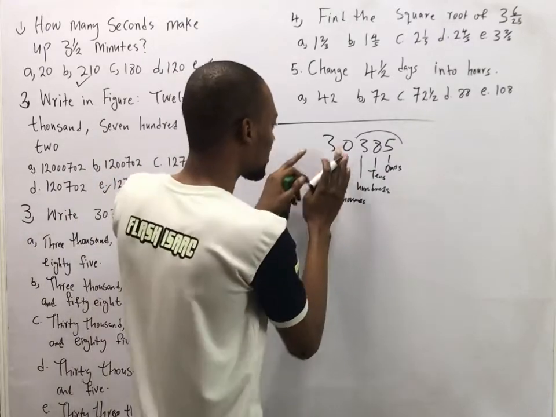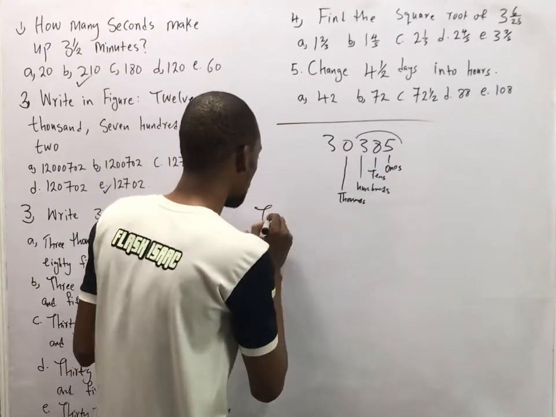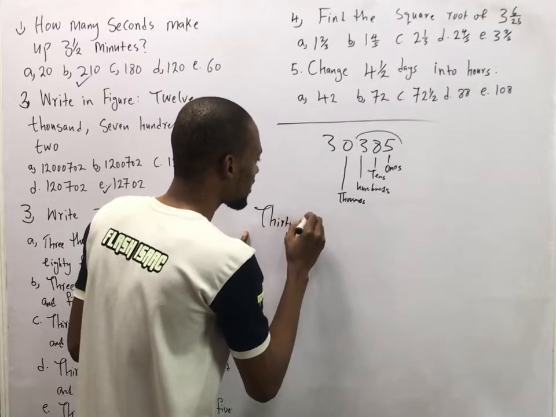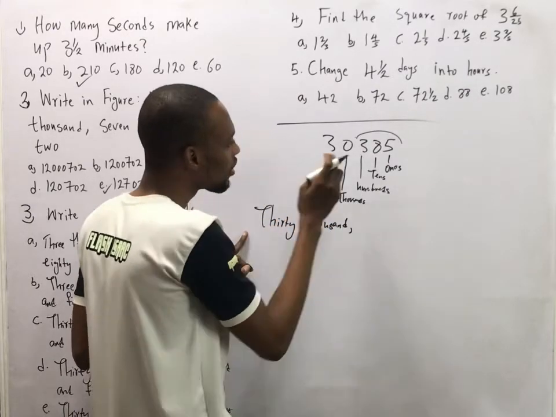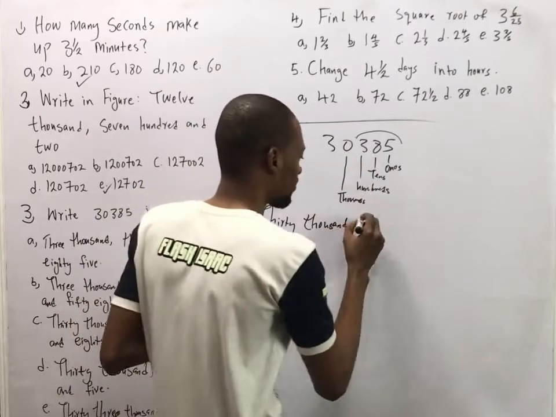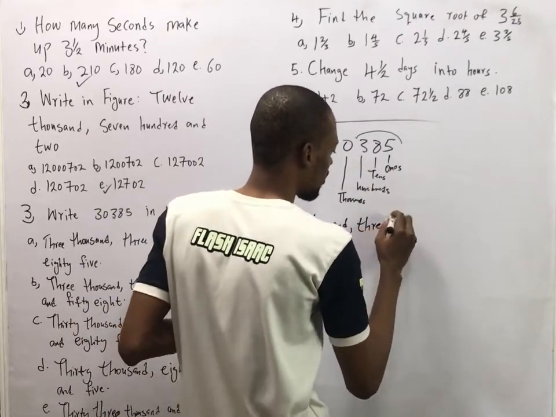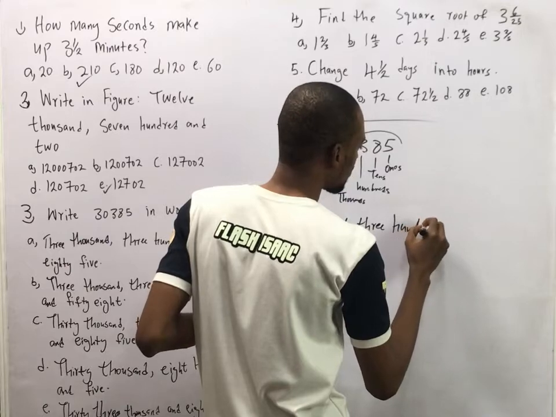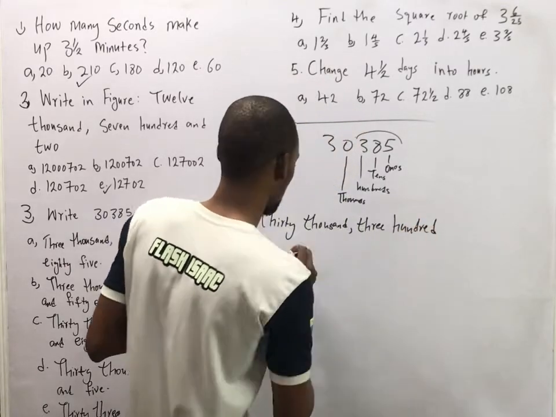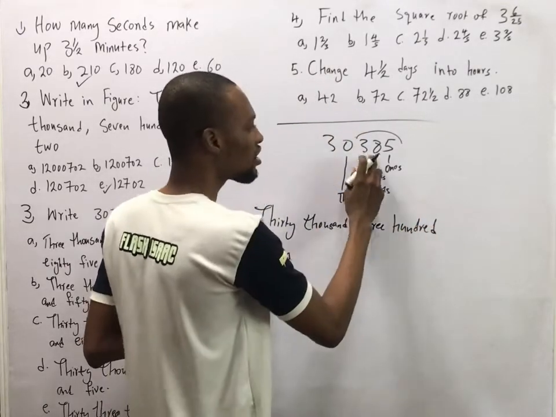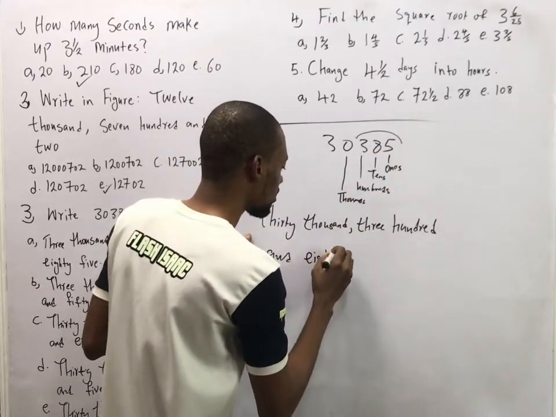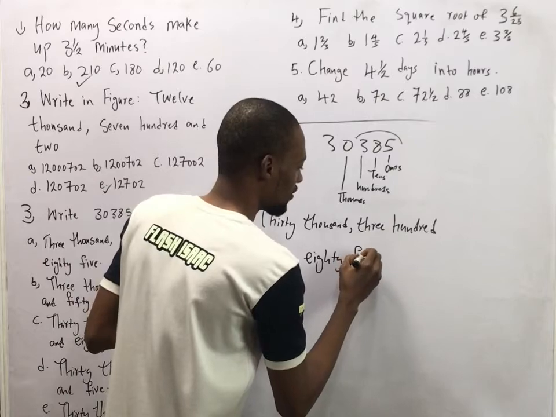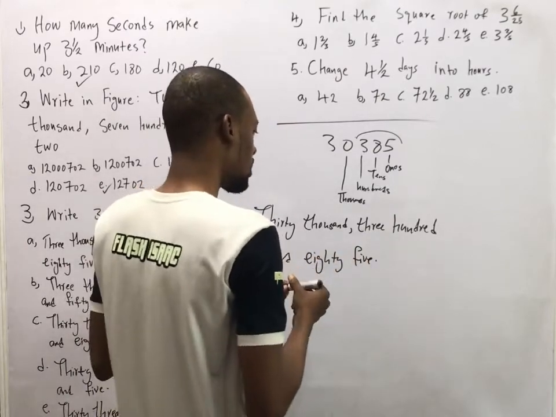So this is 30,000, 300 and 85. So 85. Five. So that is the answer.